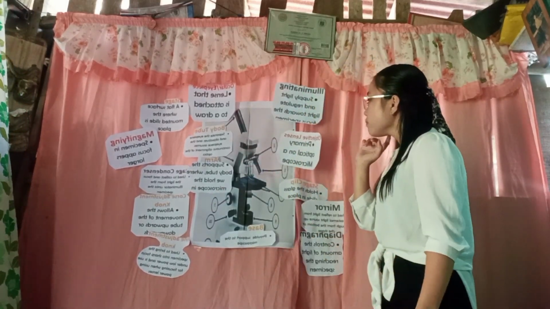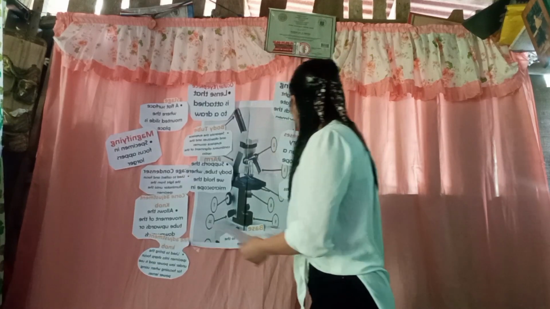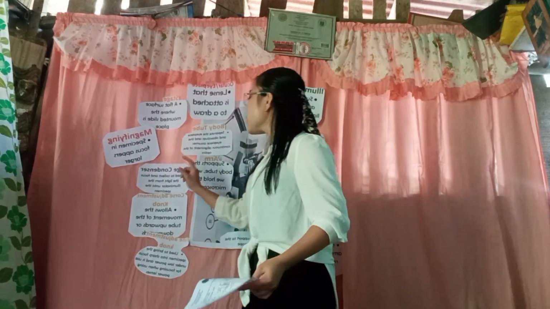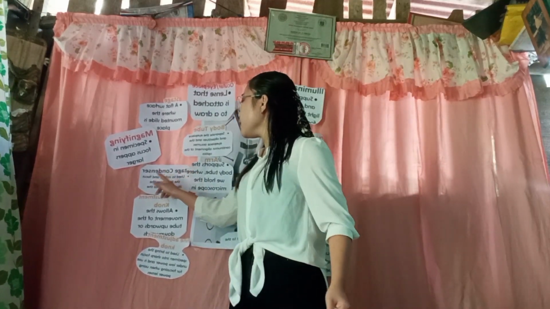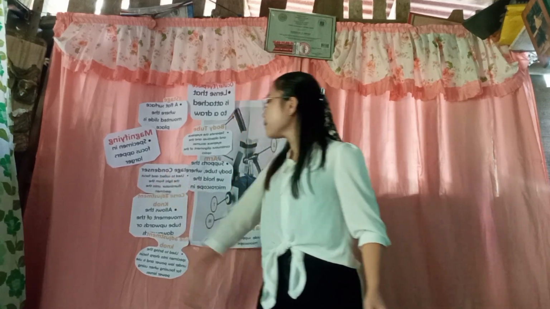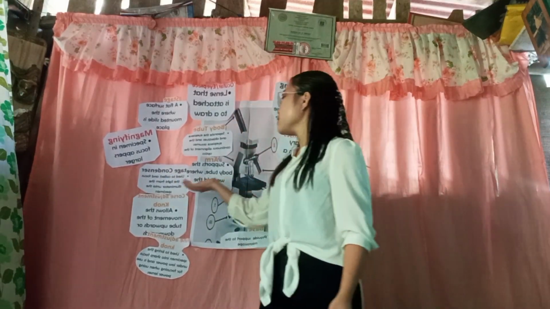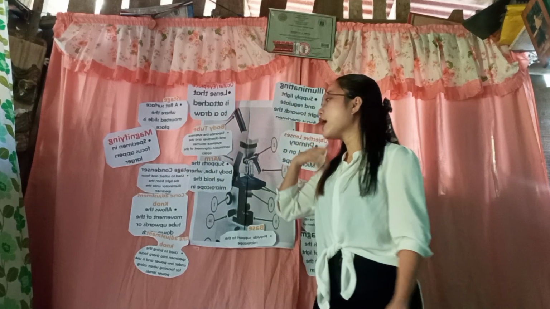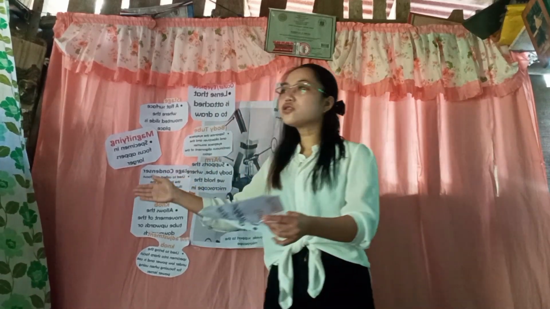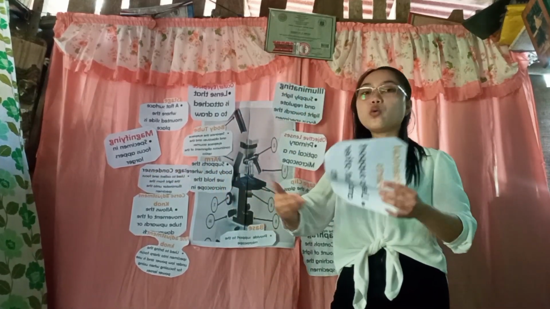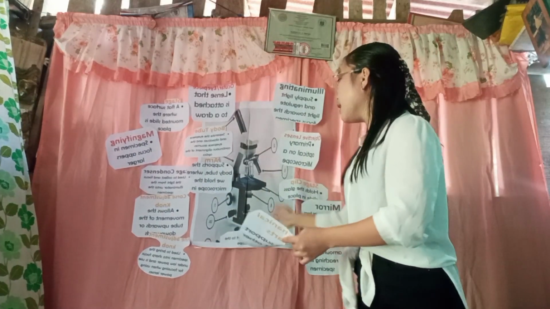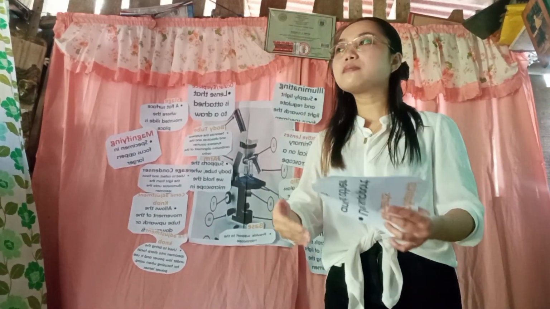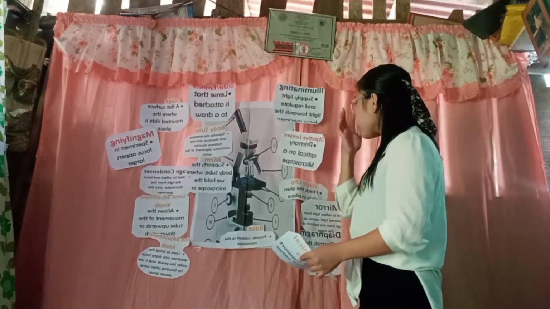Then, the last illuminating part is the stage condenser, used to collect and focus the light from the illuminator to the specimen. It collects all the light and focuses the light it gets so that, as I have said, small objects are clearer.